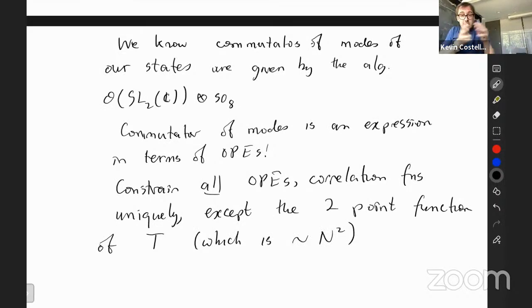So in other words, once we know this result, that we have this huge symmetry algebra, and once we can identify the quantum numbers of the states, everything else is determined by a single parameter, n.